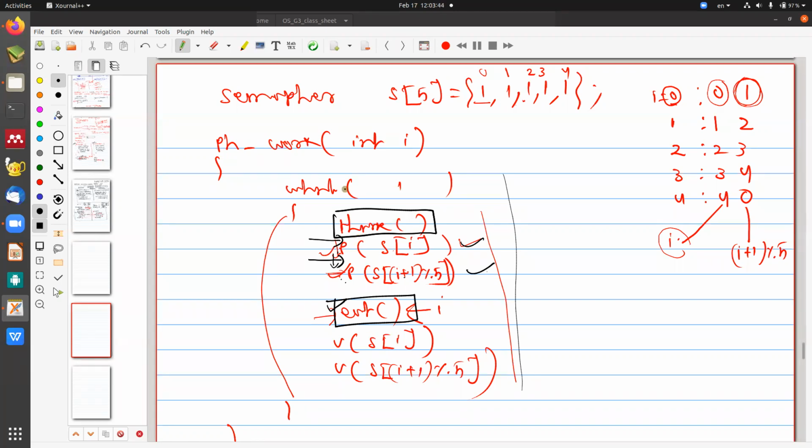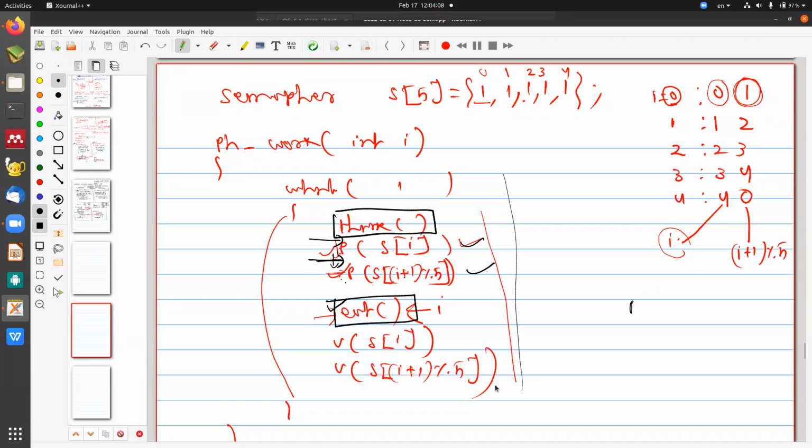Let's say each process has tried to enter this area for eating. Everybody was thinking, and at the same time they want to eat. The first process enters here and makes a context switching after P. The second process enters, third process enters, fourth process enters, and fifth process enters. If P0 is entering, make a context switching.